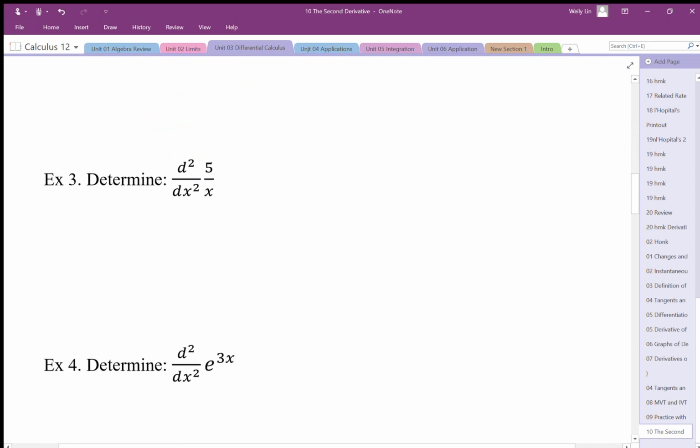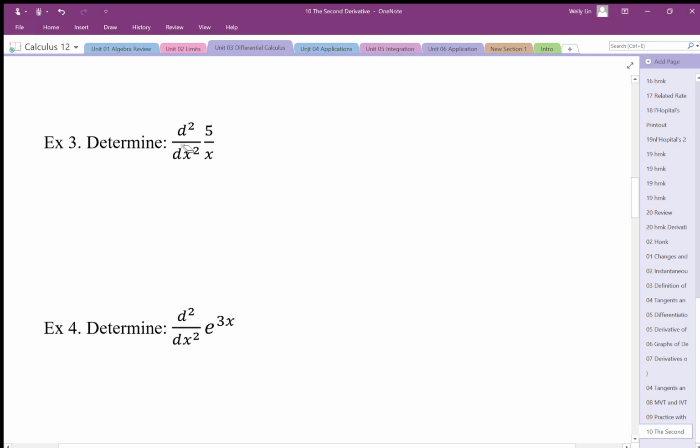So let's practice applying this. So this is the second change of the 5 over x function. So again, I have to find the first change. So the first change is going to be y prime. So the derivative of this function using the power rule is going to be negative 5 over x squared.